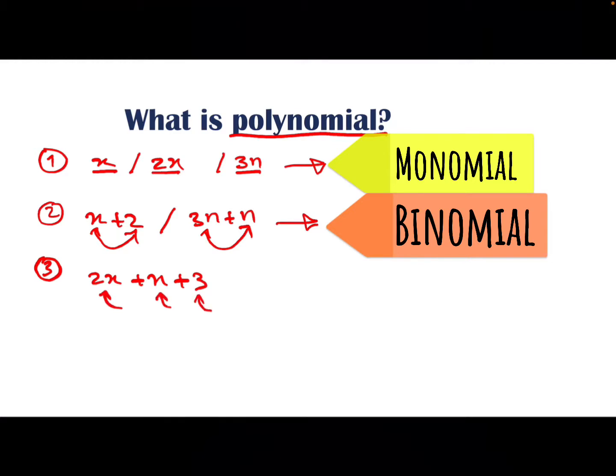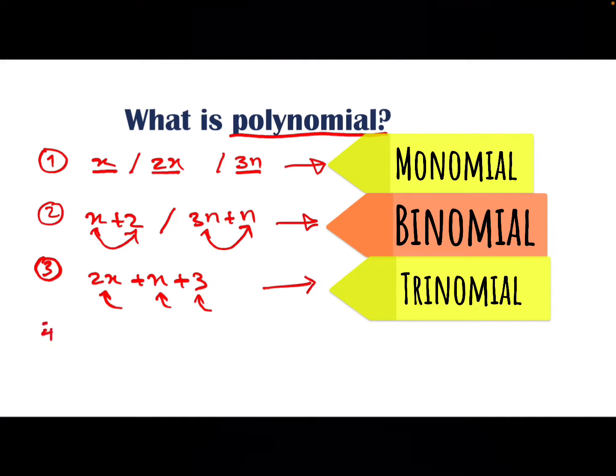Now when you have three terms, like if you have 2x plus 3, so you see there are three terms. So when you have three terms, it is called trinomial. Tri means three. Now if you have more than three terms in the expression, then it is called polynomial.